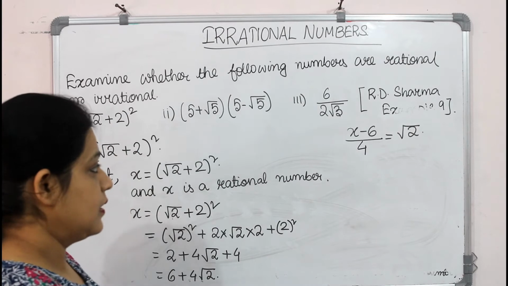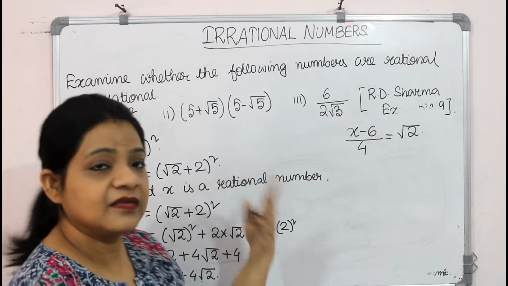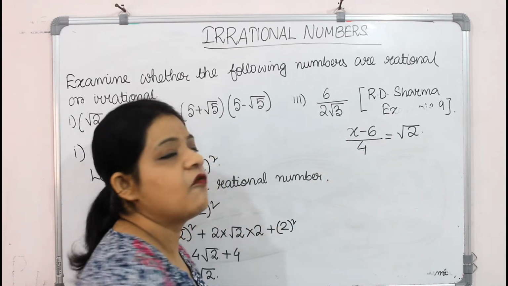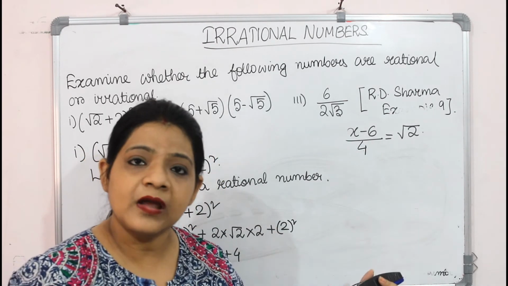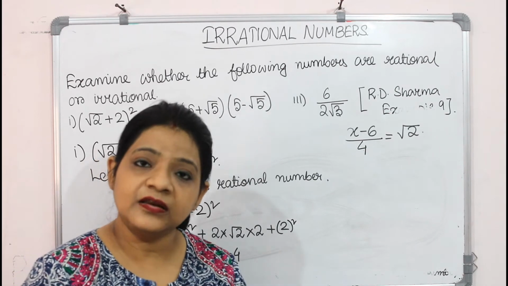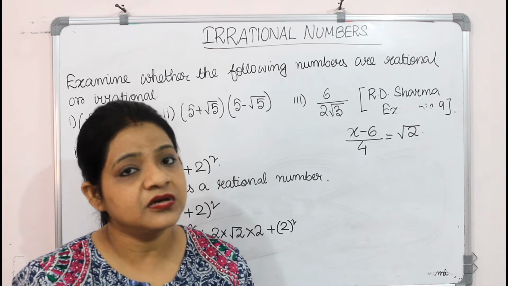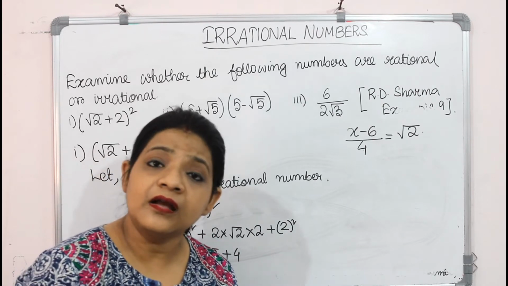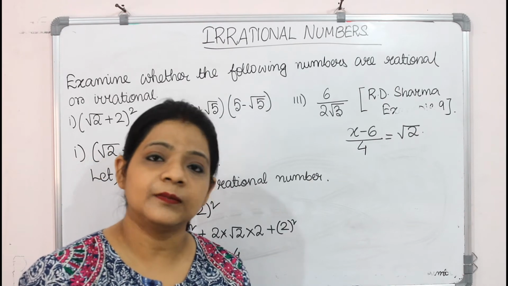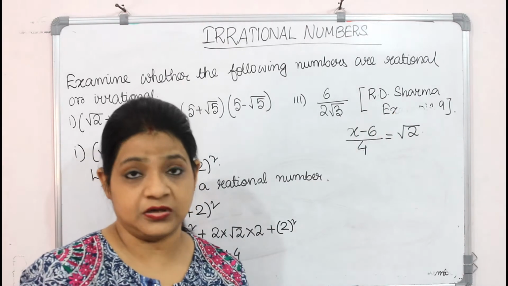Now you tell me, I have considered x as a rational number, right? So (x minus 6) by 4 will also be a rational number, because you are subtracting a rational number from a rational number, and you are dividing a rational number by an integer. So ultimately it will fetch you a rational number.